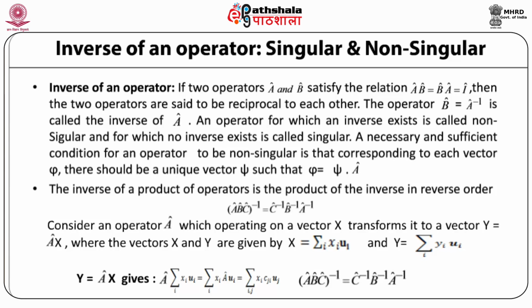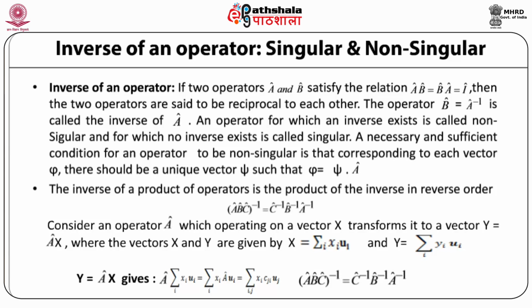Now let us consider an operator A which is operating on a vector x and transforms it to a vector y, such that vector y is equal to operator A acting on the vector x, where the vectors x and y are given by x vector is equal to summation over i xi ui, and the vector y is equal to summation over i yi ui.